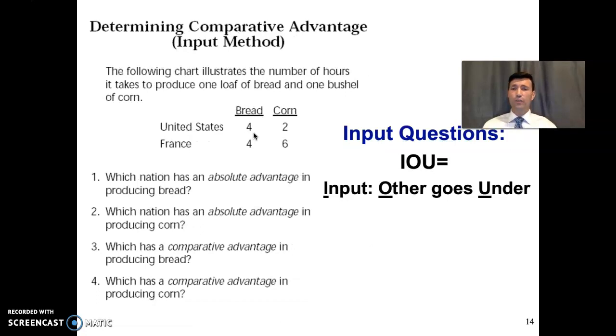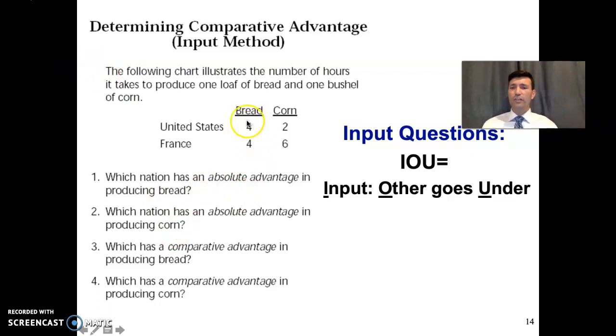Here's an input method question. The following chart illustrates the number of hours. Number of hours is a factor of production. It's labor time. So this can be tricky if you just look straight at the table and don't read the setup to the table. Then you could miss the fact that this is units of input rather than units of output.